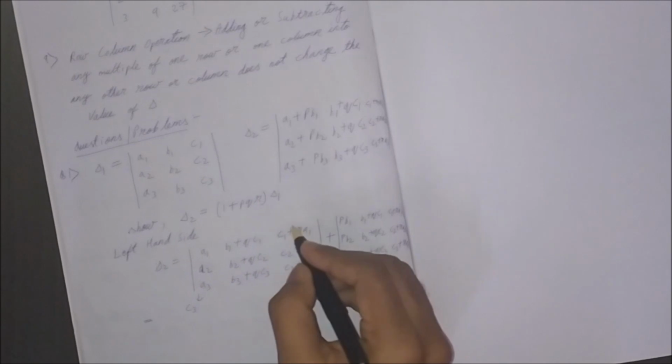Now we can take this determinant as column 3. So the third column will be C3 minus RC1.